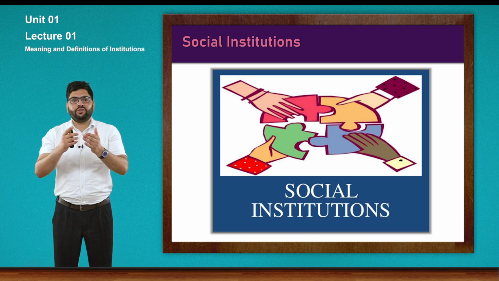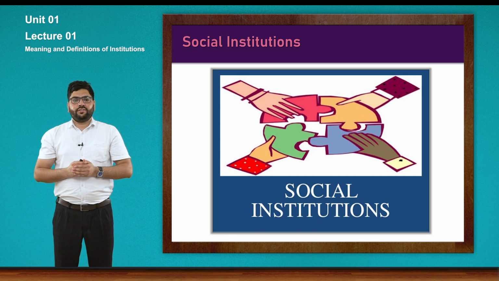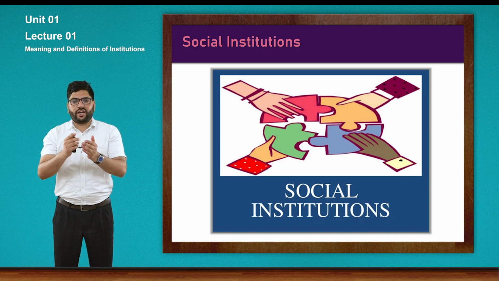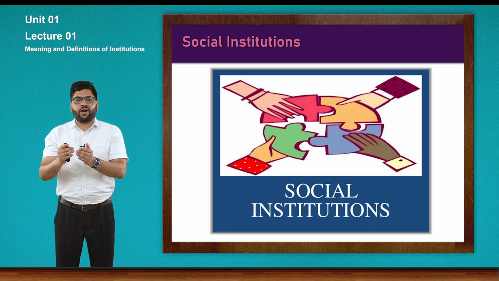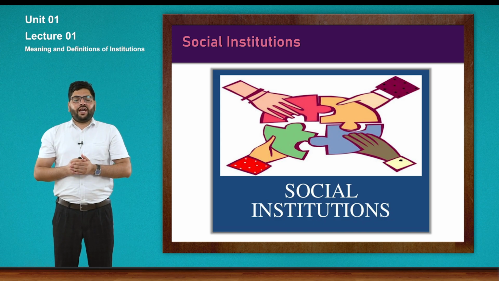Then we have norms, that means the rules and regulations within any society. Now we have values. What do we mean by values? Values are a set of moralities, that means what is right and what is wrong.